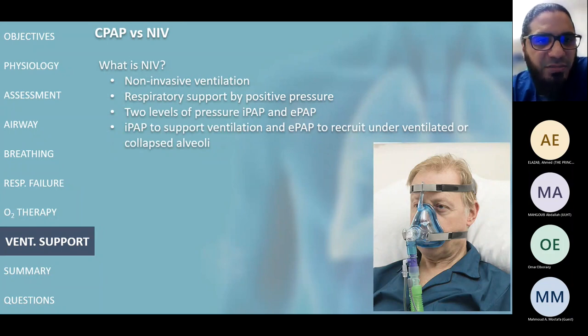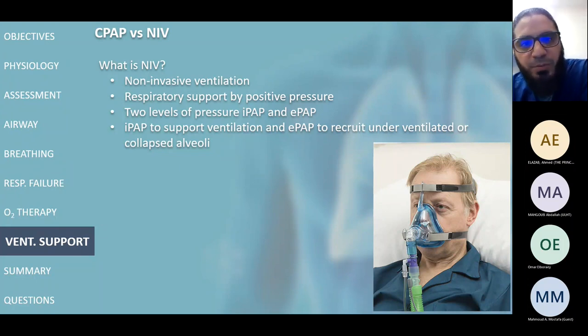So what's the NIV then? NIV stands for non-invasive ventilation. And again, it's one of the respiratory supports using a positive pressure, but it has two different levels of pressure: the inspiratory pressure and the expiratory pressure.